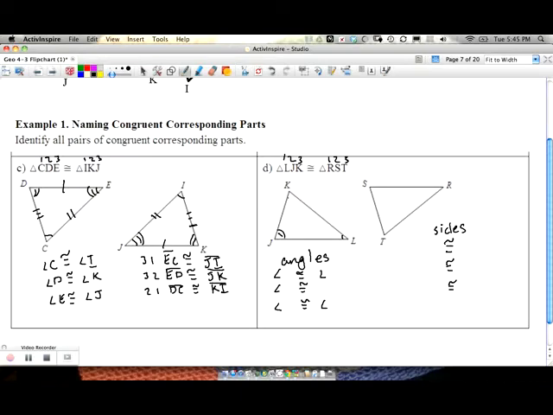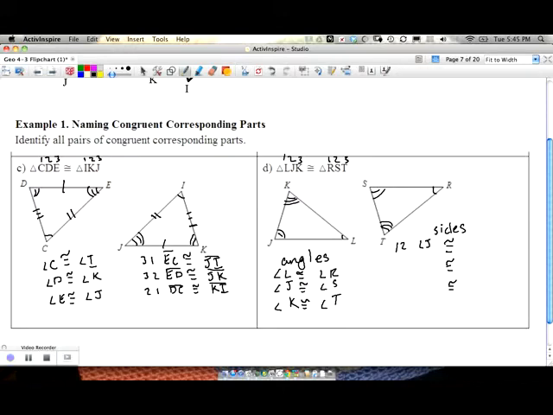LJK, so that's 1, 2, 3. And RST is 1, 2, 3. So LJK, 1, 2, 3, is going to be congruent to RST. It's that fast. Now I just got to do combinations here.